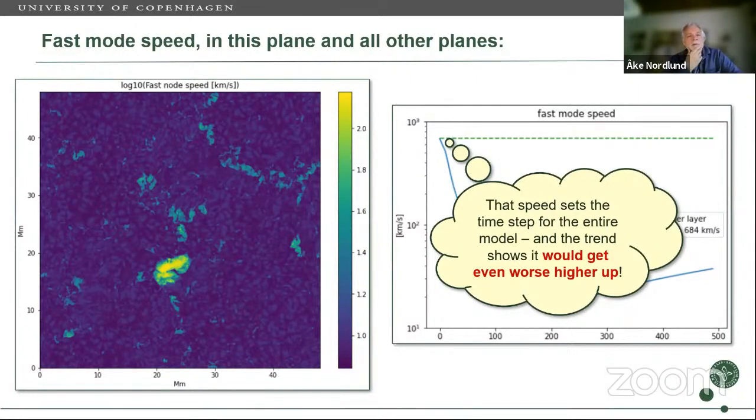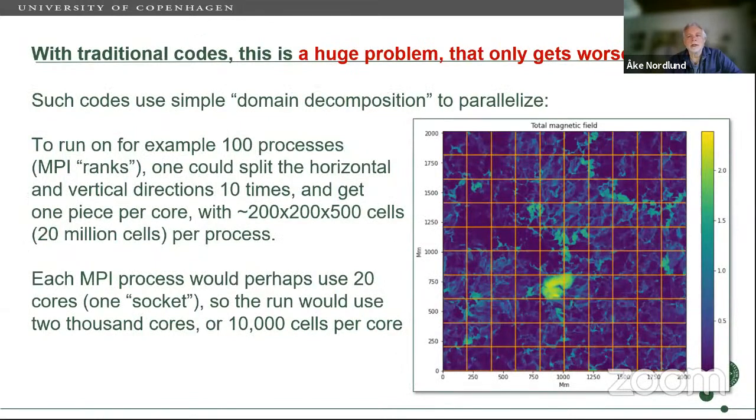In traditional codes, this is a huge problem that only gets worse, because they use a simple domain decomposition to parallelize. We could, for example, imagine running this problem on 100 MPI ranks, where each one could be a socket, so maybe 20 cores. We would split this into 200 by 200 by 500 cells, perhaps, split 10 times vertically and horizontally, giving 10,000 cells per core.